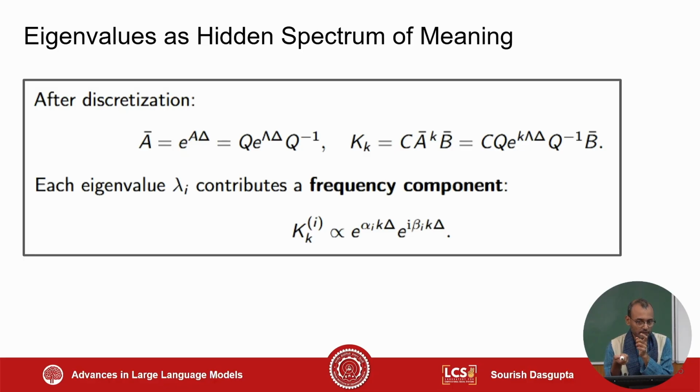Which means your kernel depends directly on the real part alpha and the imaginary part beta in this manner. That's the relationship between the frequency version and the time version.